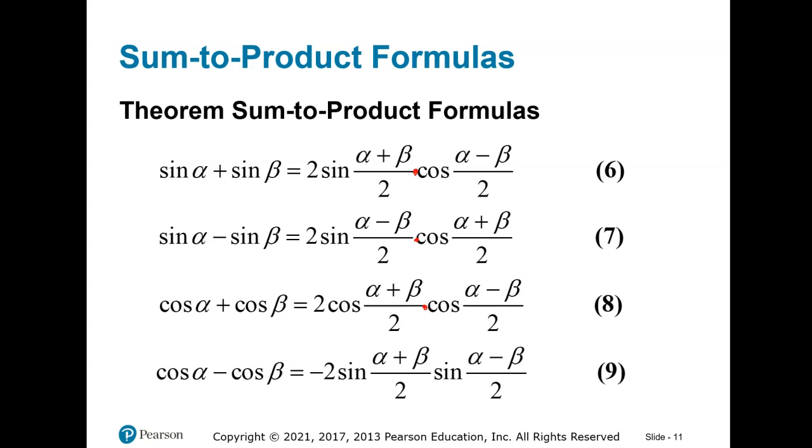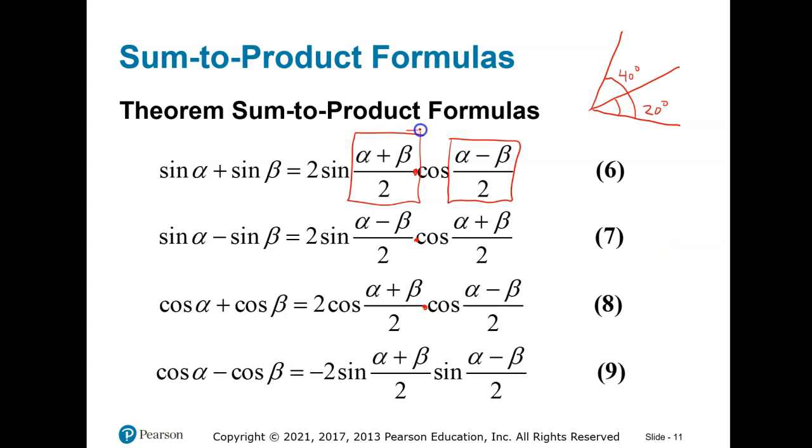So what I mean by that is, if I have a 20-degree angle and a 40-degree angle, this would be a 30-degree angle. It's the average of the two. This would be, take the bigger one, 40, minus the smaller one, 20. That is 20, and divide that by 2. That would be 10. That would be half the angle.